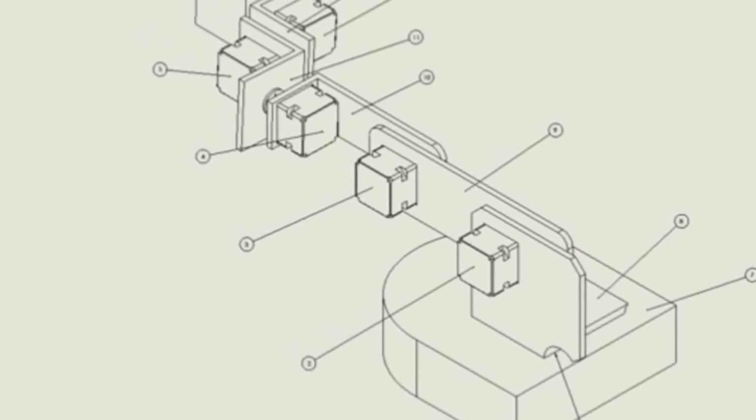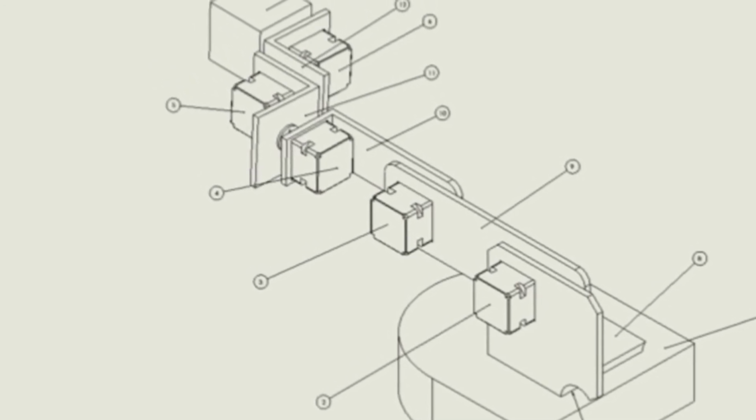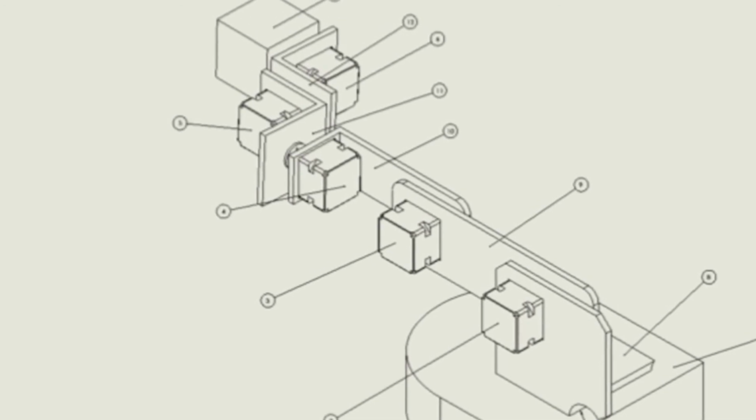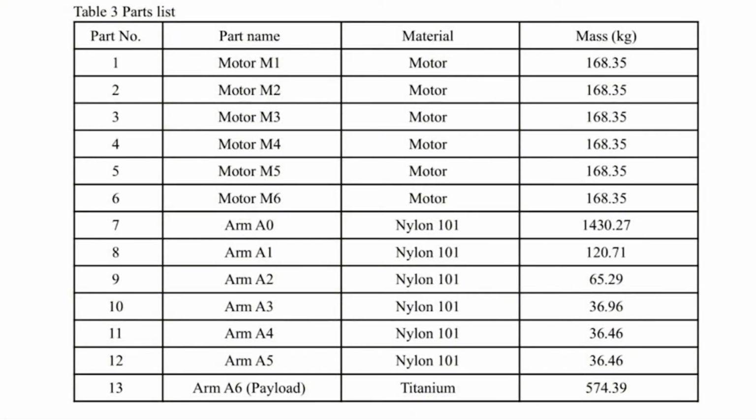This is all of the parts in the robot arm. This is the part list of the first simulation robot arm. For the motor, create a new material to make the motor.